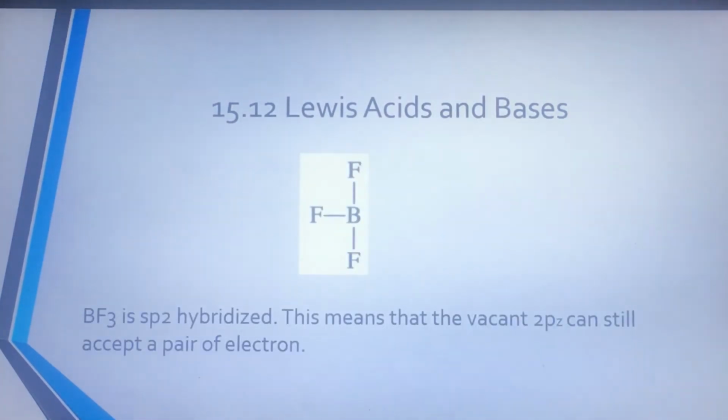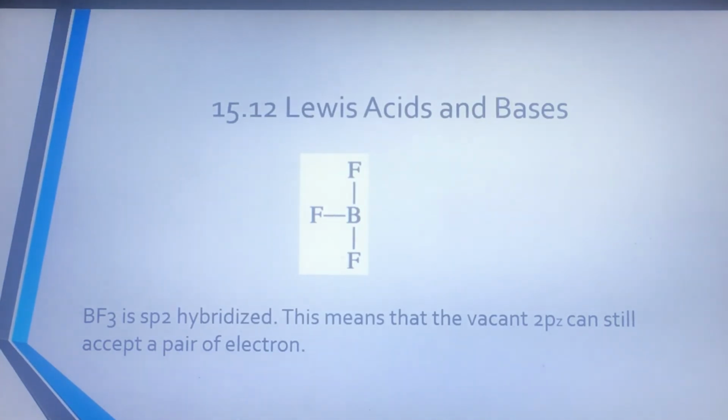Okay, so let's have a different example from what we had with the Brønsted acids and bases. For example, we have BF3, or boron trifluoride. BF3 is sp2 hybridized. We see that we have three bonds with the three atoms of F in the boron.